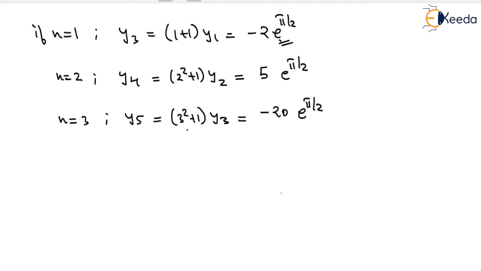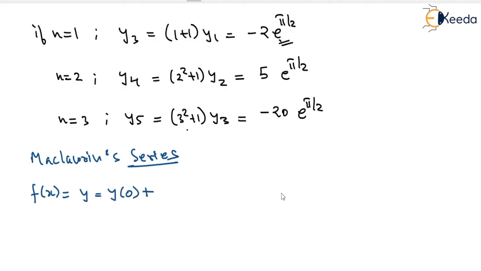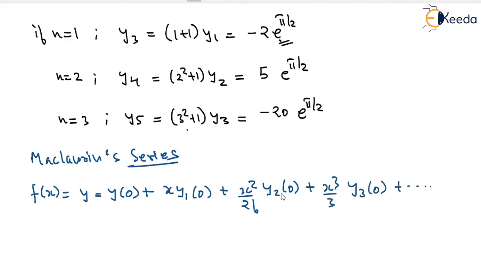Now of all the terms we have found, the Maclaurin series can be given as f of x, which is y, equal to y of 0 plus x times y1, y1 in the sense of y dash, y1 of 0, plus x square by 2 factorial y2 of 0, y2 in the sense of y double dash, plus x cube by 3 factorial y third derivative, and so on.